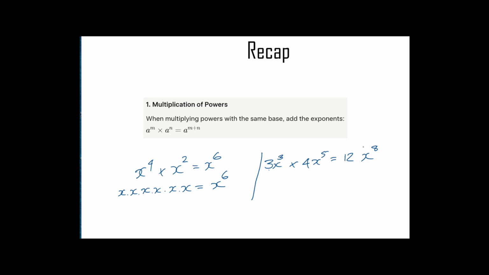And that's that done. So multiply the coefficients, and add the exponents.